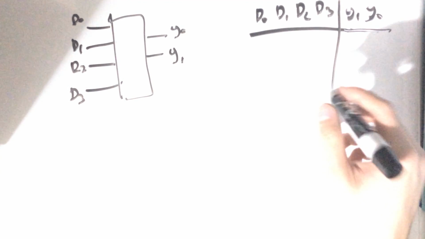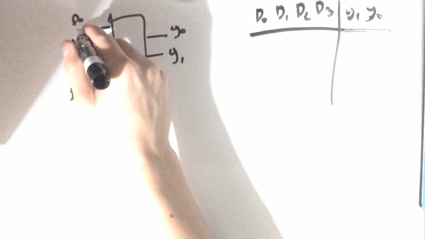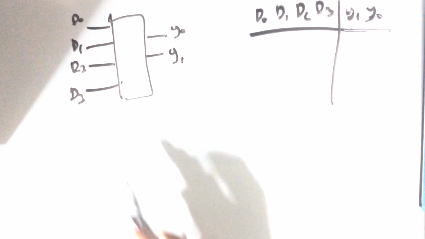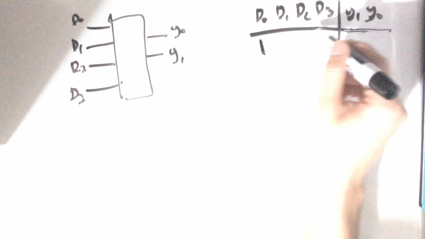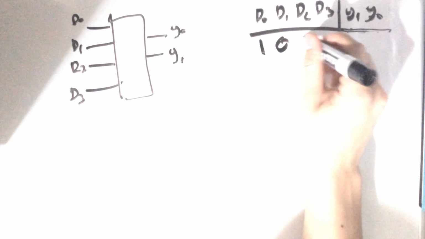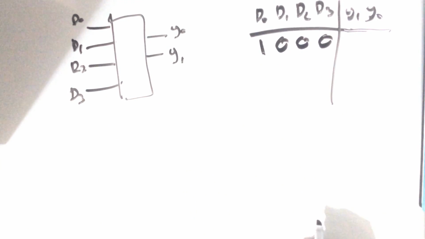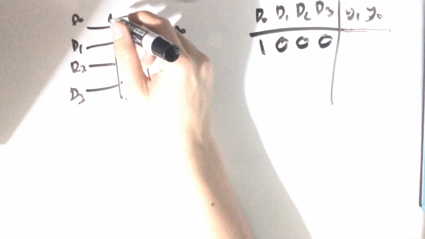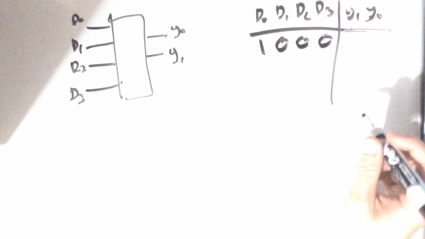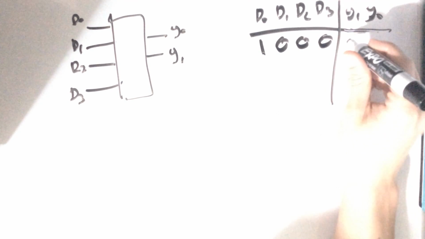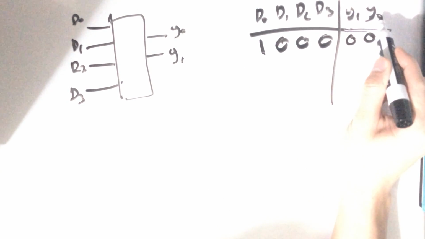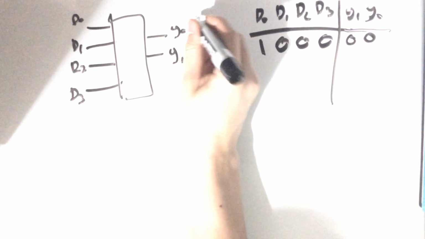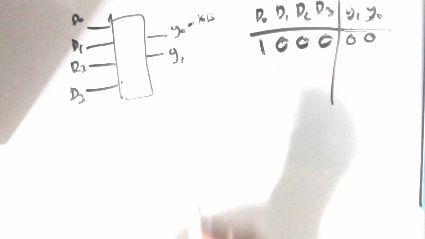So if D0 is set, the very first input, remember at any point in time only one of these values can be set, so all the others would be set to 0. We want our output to be 0, which in binary format looks like this: 0, 0, this being the least significant bit. I'm going to write it down there.